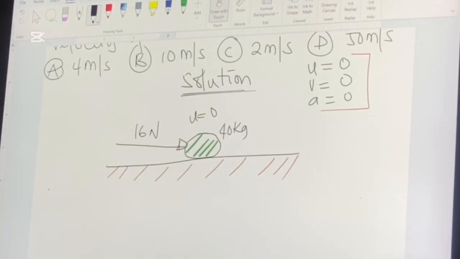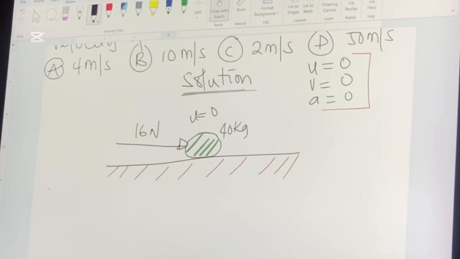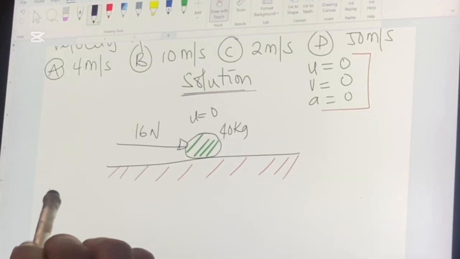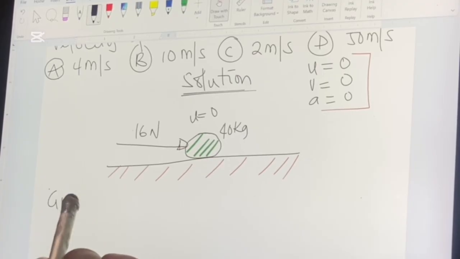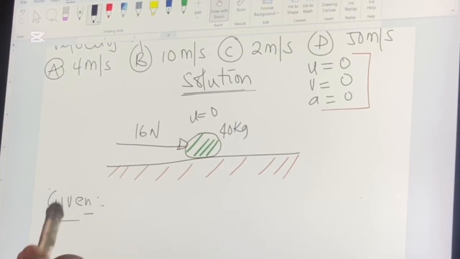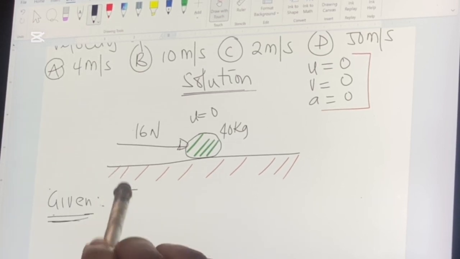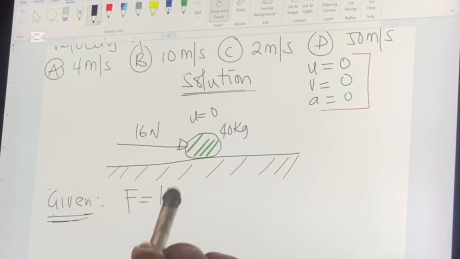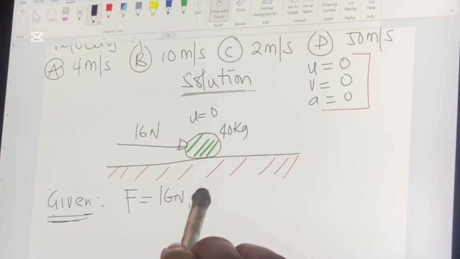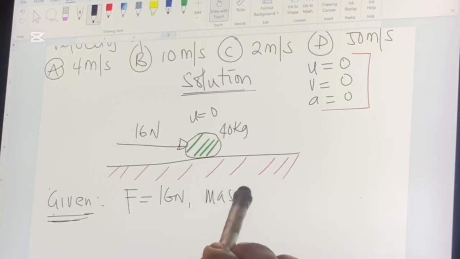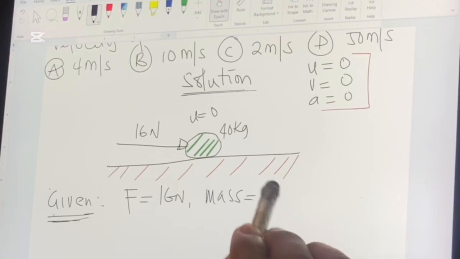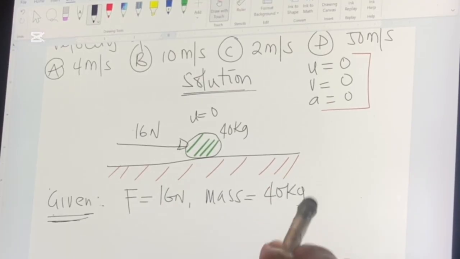Please take note. So class, let's list out the parameters and know the formulas to use. Given parameters: force is given to us as 16 newtons. Mass is given to us as 40 kg.